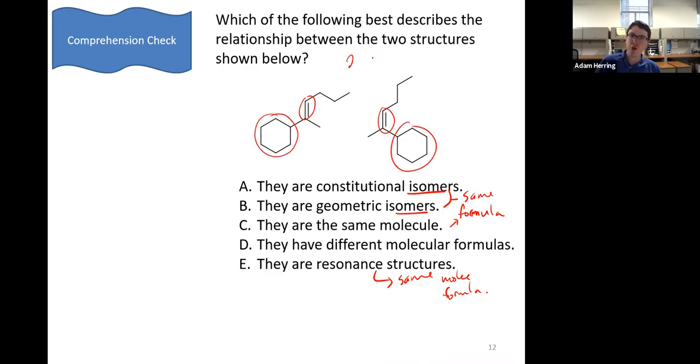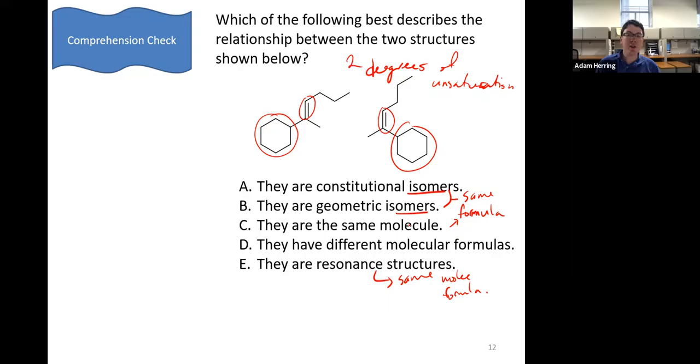Therefore, they have 2 degrees of unsaturation. And this is important because if they have different degrees of unsaturation, they will not be the same molecule. Okay? So this helps us to see that these probably are related to each other. They are not different molecular formulas, probably.